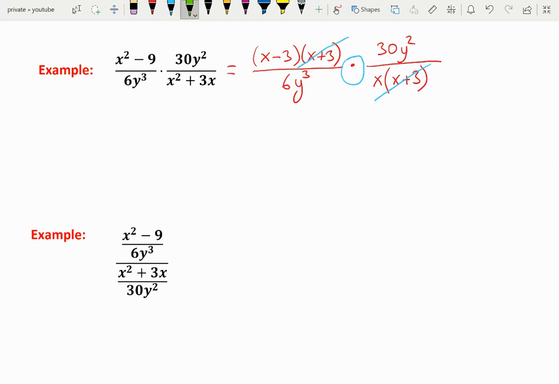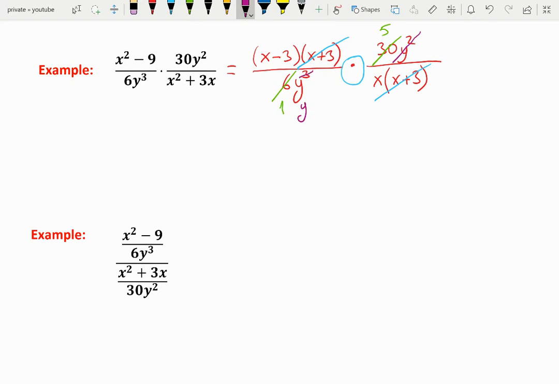And I can cancel this 6 and this 30. When I divide by 6, I get 1 here and 5 here. Let's cancel this y squared, and here I will be left with y.